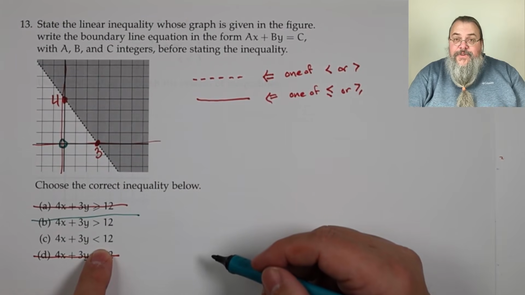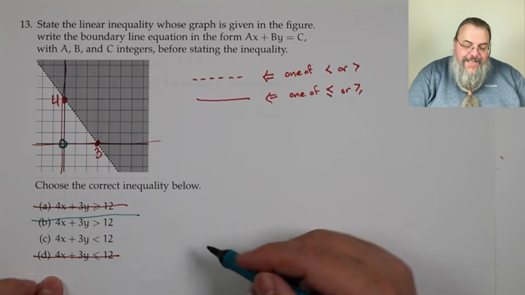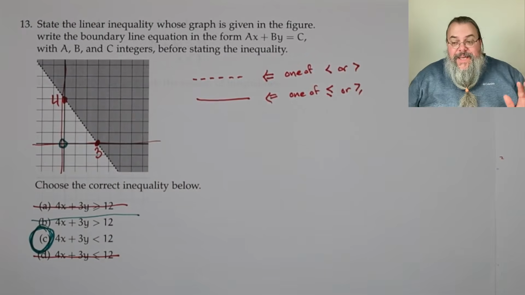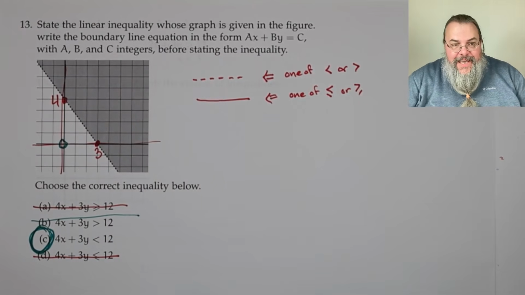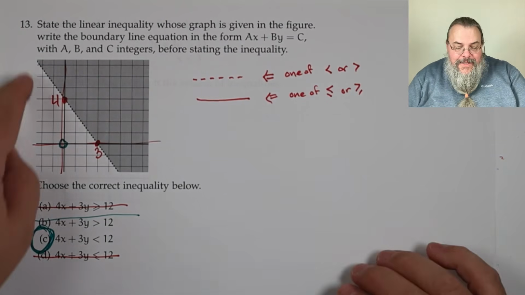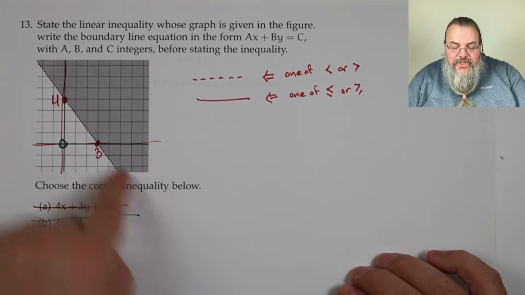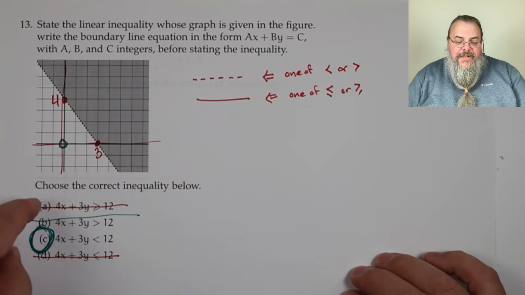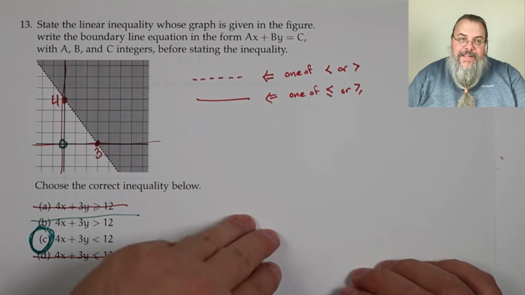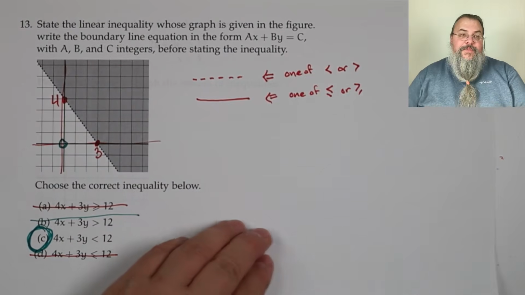And now notice, what have you done? You've crossed out 3, which means that whatever remains must be the answer. So you get 4x plus 3y is less than 12. All right, so again, is it dashed or solid? Test, and between those two things, you can get down to the one possibility.